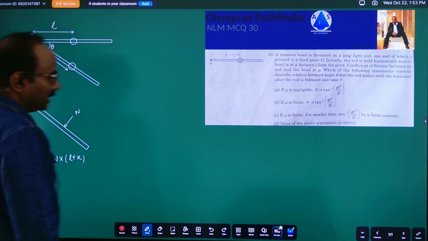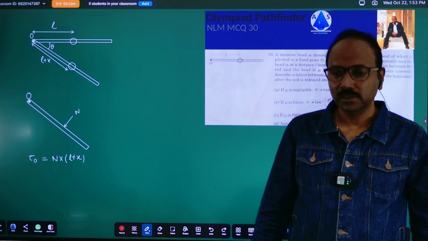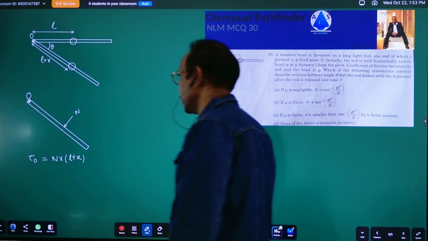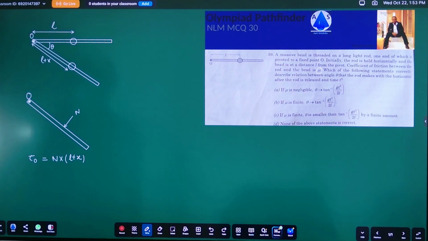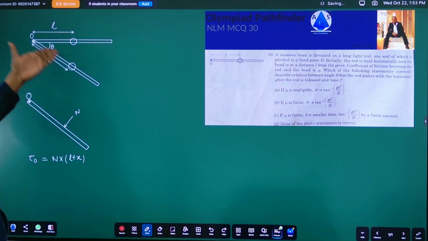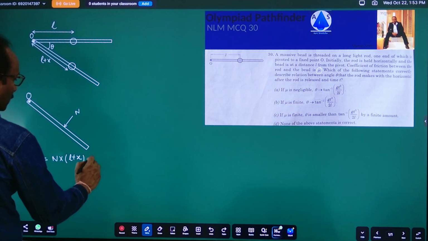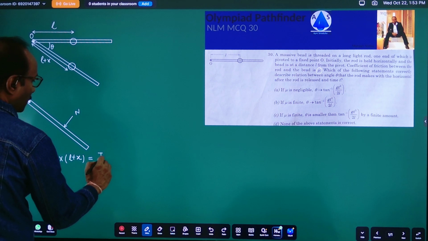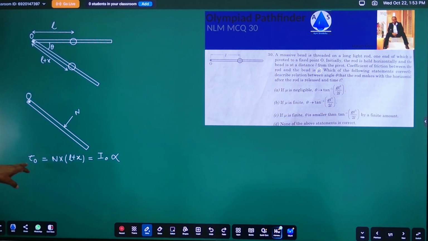Since the rod is massless, it does not have any gravitational pull, so no other force other than this, and maybe the friction force because of the motion of the bead on the rod. So let us focus on this first. This torque about O, we can write as I naught alpha.